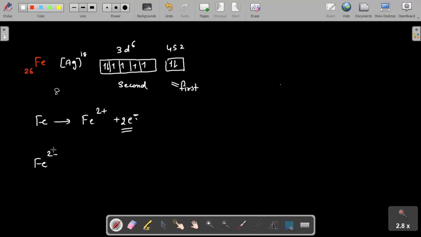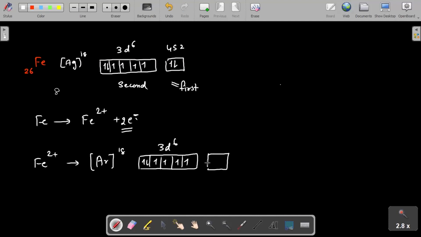So, Fe2+ will have the electronic configuration argon 3d6 4s0.